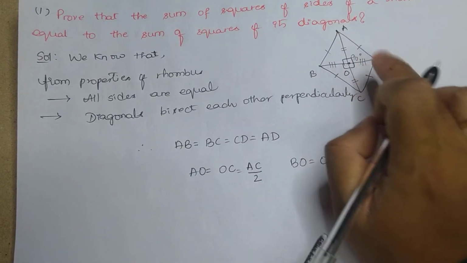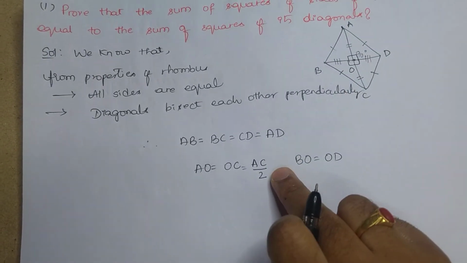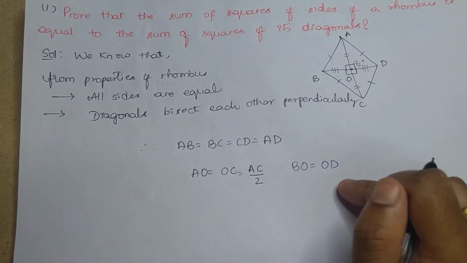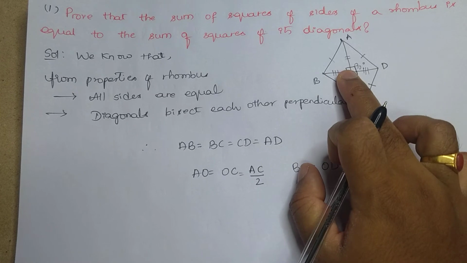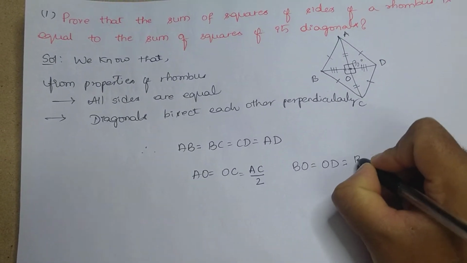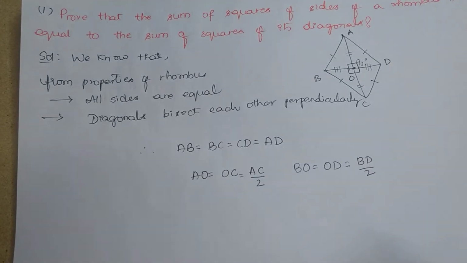So AO can be written as AC by 2 and OC also can be written as AC by 2. In the same way, O will be the midpoint for the diagonal BD as well. So BO equals OD equals BD by 2.